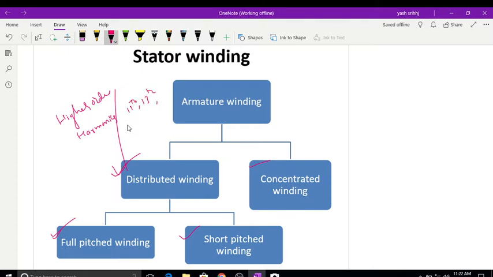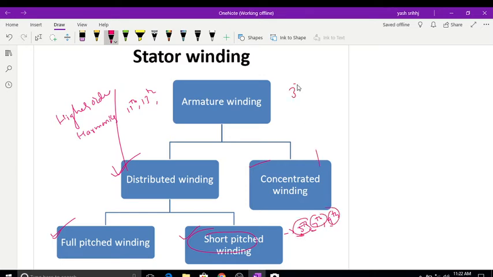All higher order harmonics can be eliminated by using this distributed winding, and by using short pitch winding, we can eliminate 5th, 7th, 9th harmonics, especially whichever is dominating more. Such harmonics will be eliminated by using the short pitch winding.